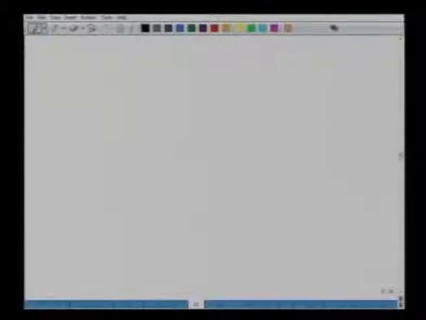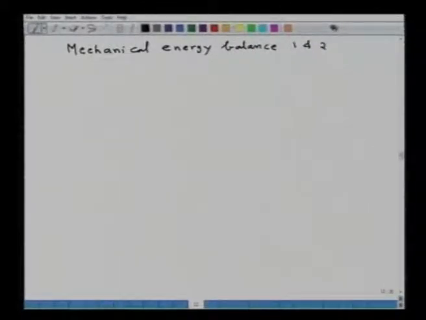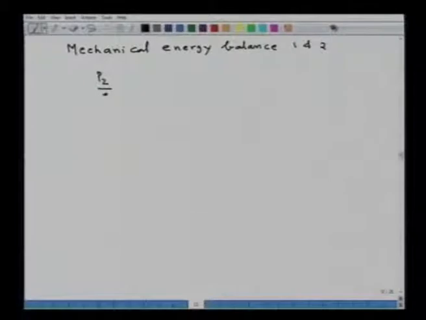Applying mechanical energy balance at 1 and 2, since delta z is equal to 0, we have P2 upon rho plus 0, equal to P1 upon rho plus V1 square by 2, where V1 is the velocity of the fluid that we want to measure.